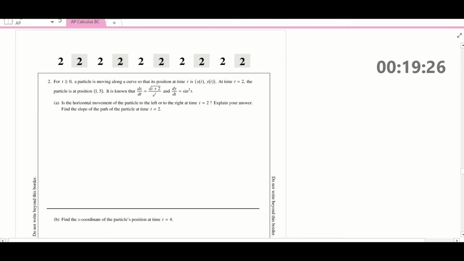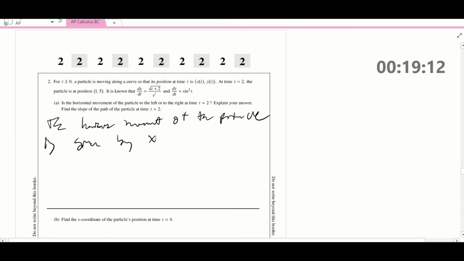The horizontal movement of the particle is given by x prime of t.